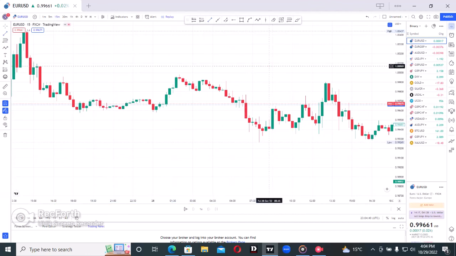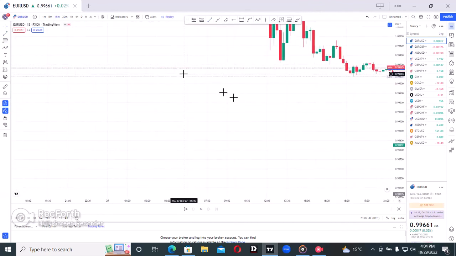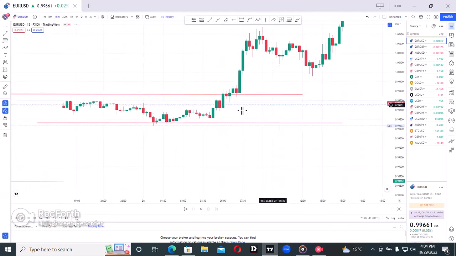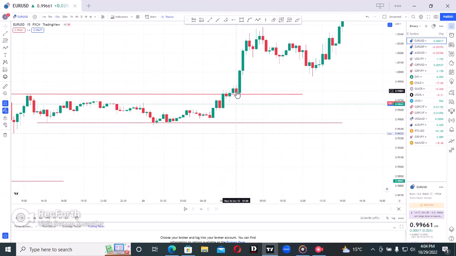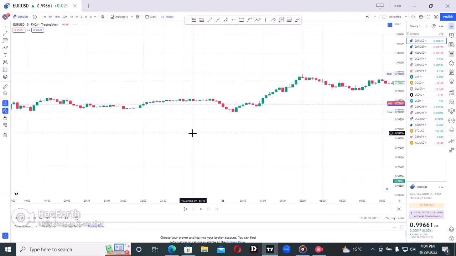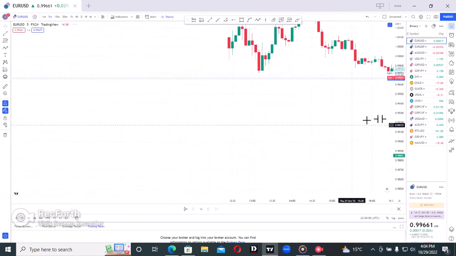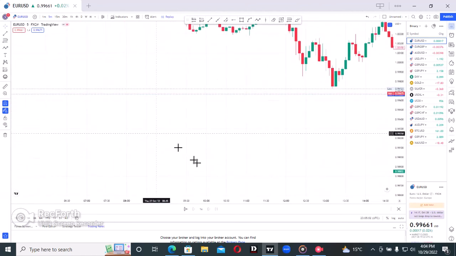If you move down to the 15-minute time frame chart, you're going to see that we have a retracement right here. As you can see, we have a breakout, and then we have a red candle. This red candle is a retracement, which means that you are going to enter right here. So let me move to the 5-minute time frame chart.